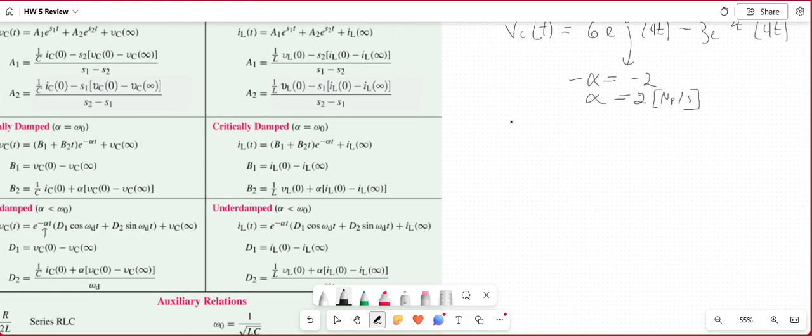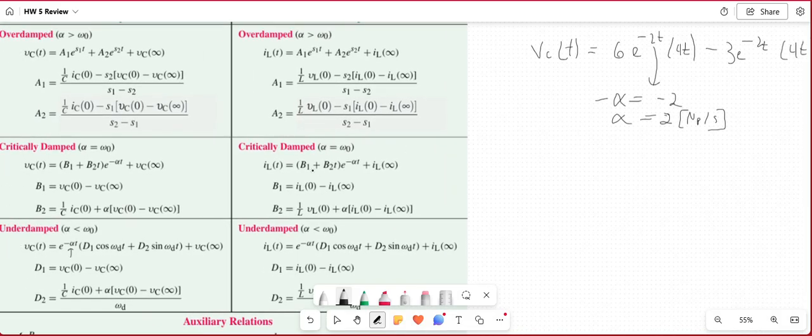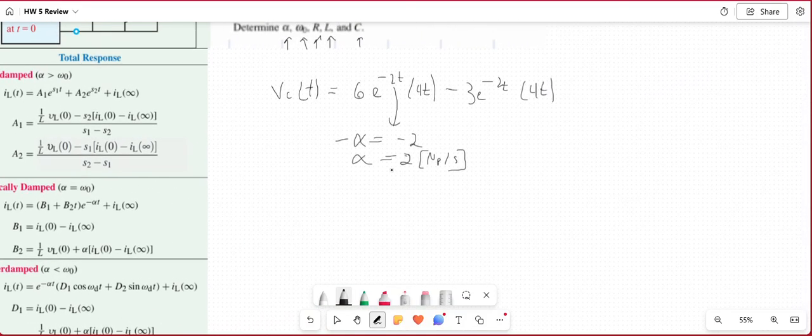Also, just from this, we can see that right after the cosine, the sine term is WD, and we need that to find the other values. So WD is equal to 4 radians per second. It's the damping frequency.